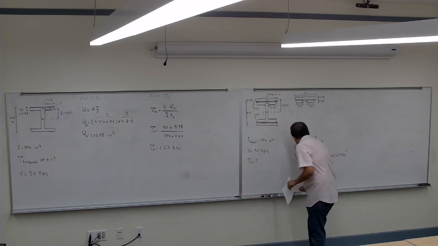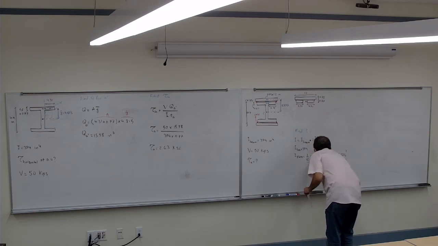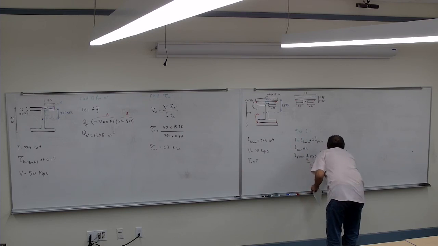So this one is 1/12 of B H cubed, and this part is A, and this part is D squared.